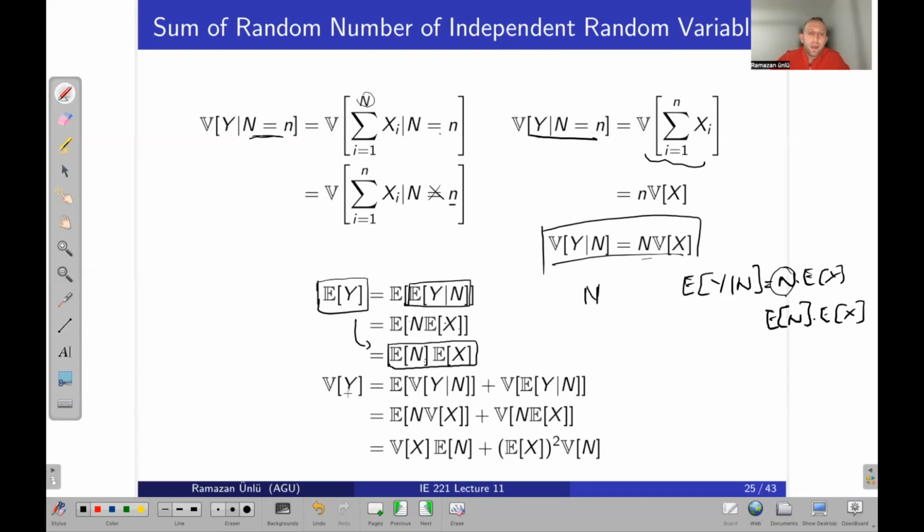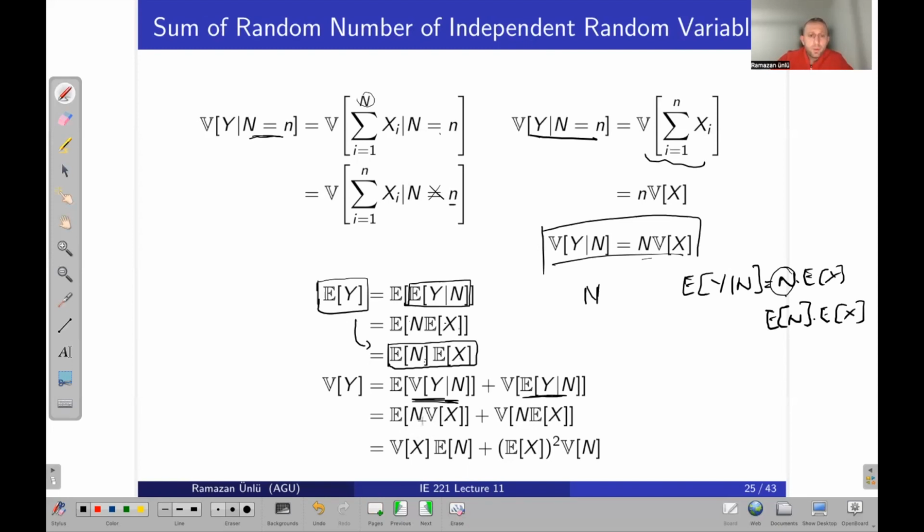So when I look at the variance of Y, we know from the law of total variance that it is the expectation of the conditional variance of Y plus the variance of the conditional expectation of Y. We just calculated the inside: the conditional variance is N times the variance of X, and the expected value of Y given N is N times the expected value of X, right?